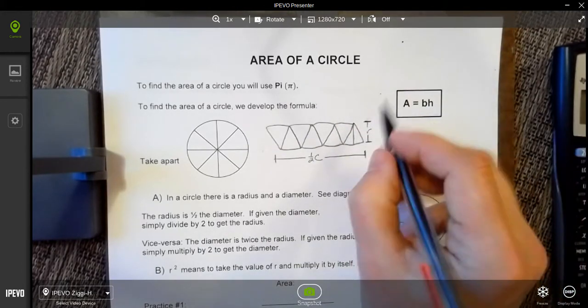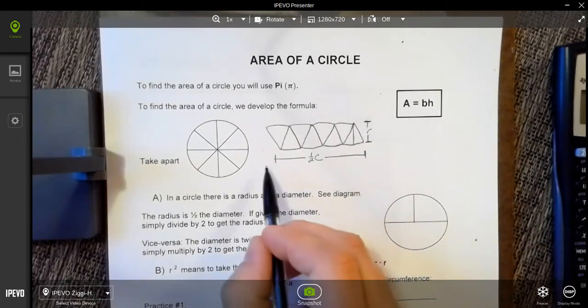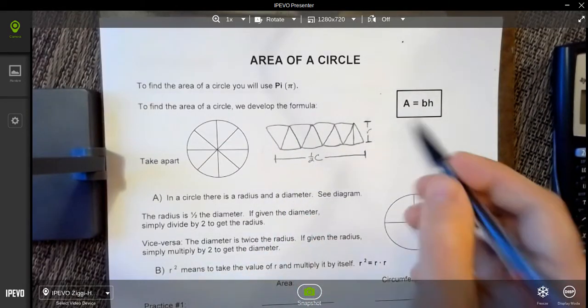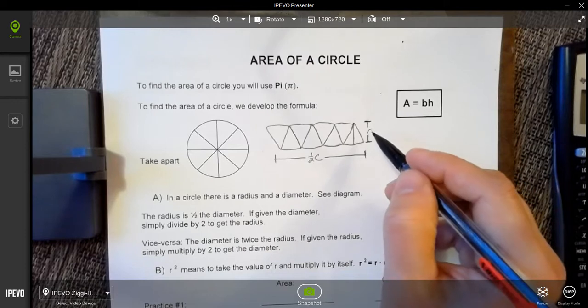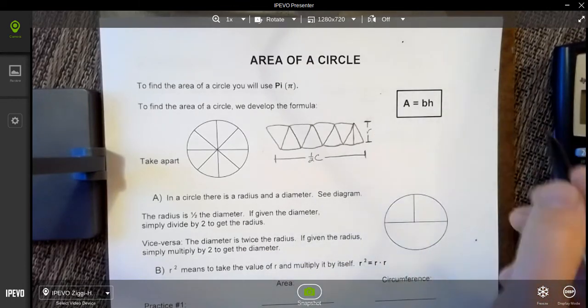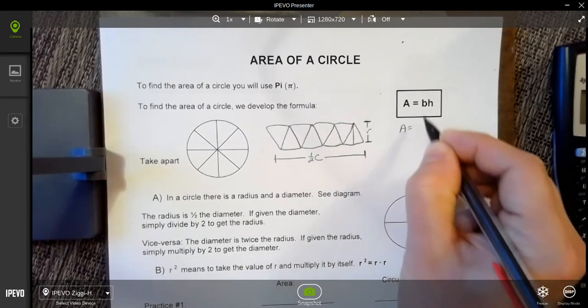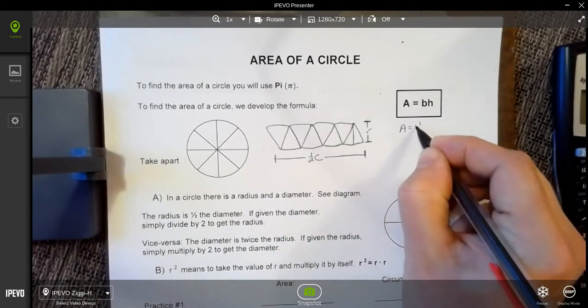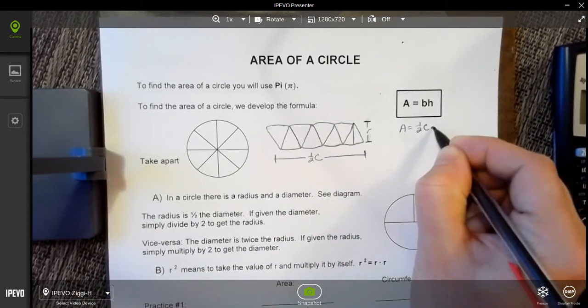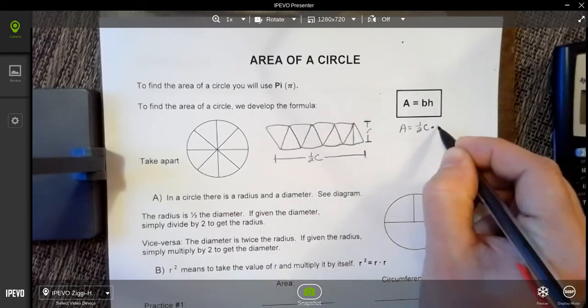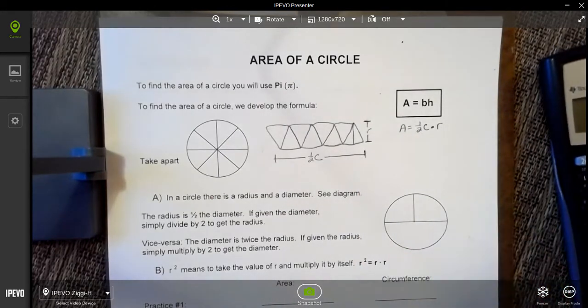There we go. Okay, and so we can see here that we have a base that's half the circumference and a height that's represented by the radius. And so if we look at this formula, if we plug in our new terms here, the area is going to equal, instead of the base, well, that's half of the circumference, times the height, which was going to be the radius of our circle.